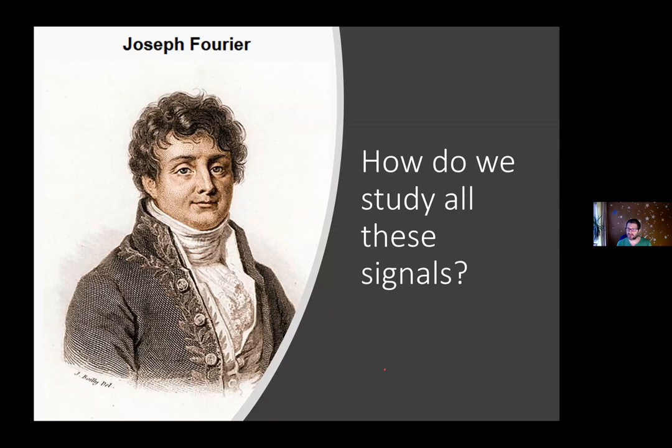But let me tell you that what Fourier discovered is that you can go from the time domain, from getting all these signals, into something that is the Fourier domain. And the Fourier domain is actually what I was showing you at the beginning when I was showing you the spectrogram of that singer in the opera.